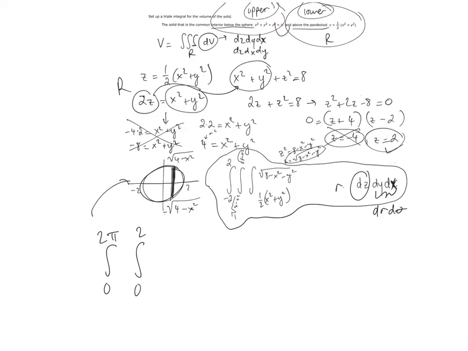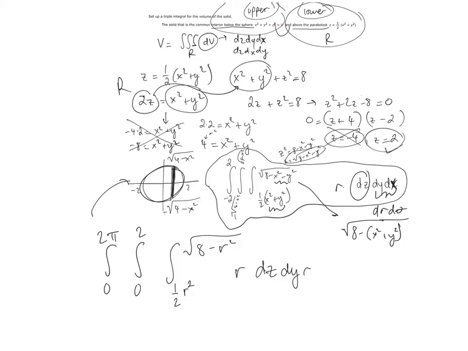Your z will stay, but every x squared plus y squared becomes r squared. Then right here I'm going to factor out a negative, so it would be 8 minus (x squared plus y squared). So you will get the square root of 8 minus r squared, times r dz, not dy, I'm sorry, dr d theta.